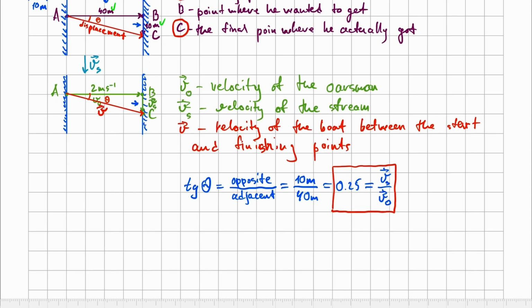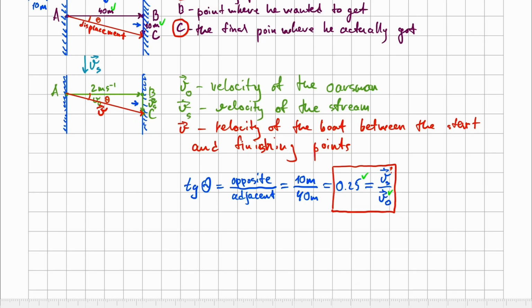Okay, so basically what you get from here is that you can find the thing that is missing, because from the problem we know what the velocity of the oarsman is. Now we know the ratio, and we need to find this part, which is actually missing.